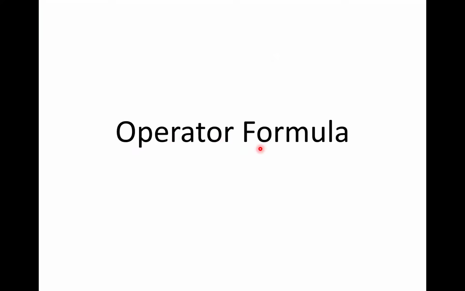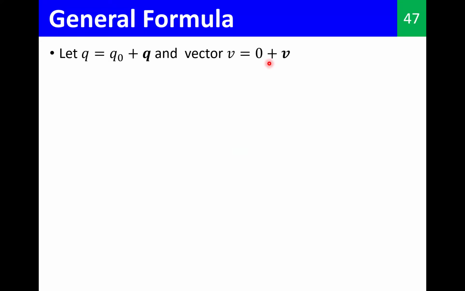So the general operator formula for the quaternion I will share with you now. So what it says is, okay, there is a quaternion Q and a vector V. So when I say vector V, I'm representing it as a pure quaternion, right? Now you understand that because otherwise I can't be operating apples and oranges, so it has to be the same thing, okay?